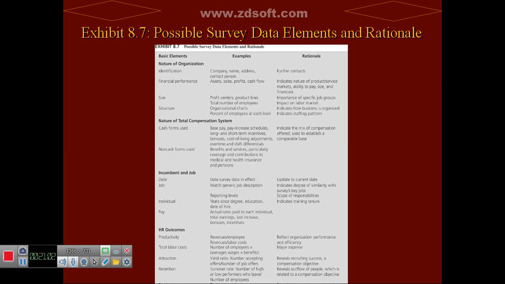So what is the rationale why the researcher wants to gather this kind of information about the competitors? The survey is actually about compensation. By gathering financial performance, it indicates the nature of the product or service market, the ability to pay of the competing organization, and the size of the competitor organization. So that you can compare whether our company also has enough resources like the competitor.